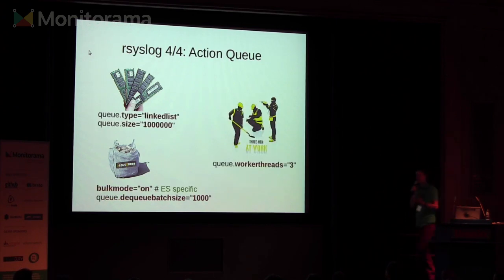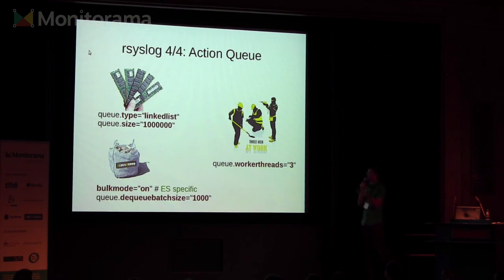And then there's the action queue, which serves the action, in this case the Elasticsearch output if you're using it. Usually you don't have to worry about this that much because not much is happening. The messages just get assembled and forwarded.